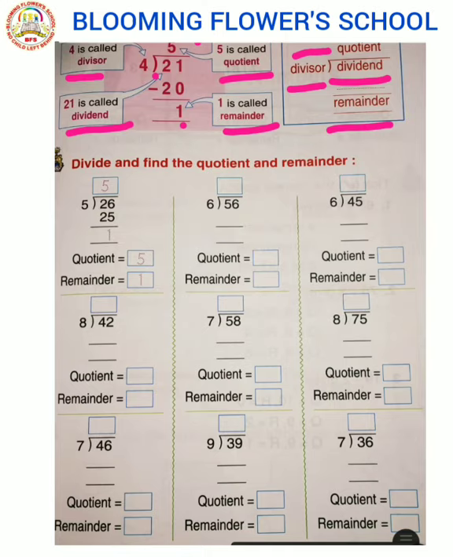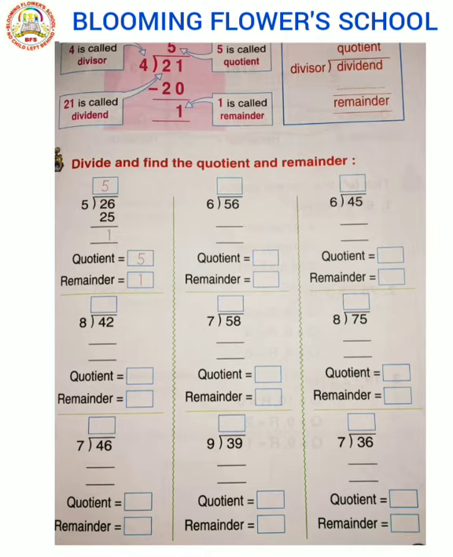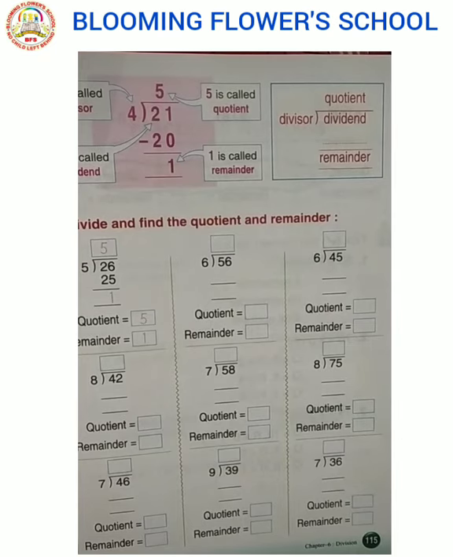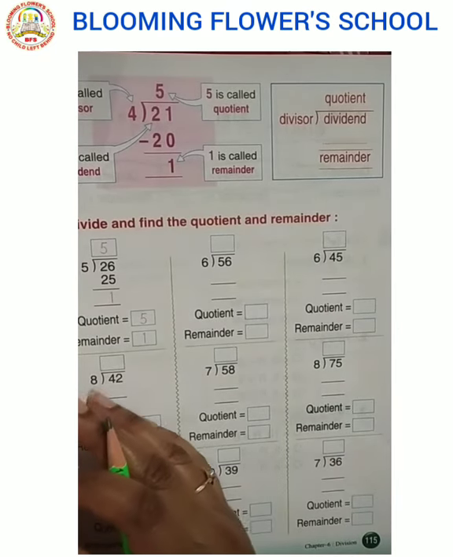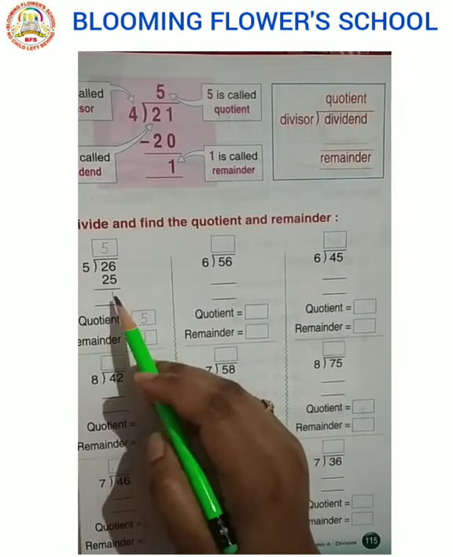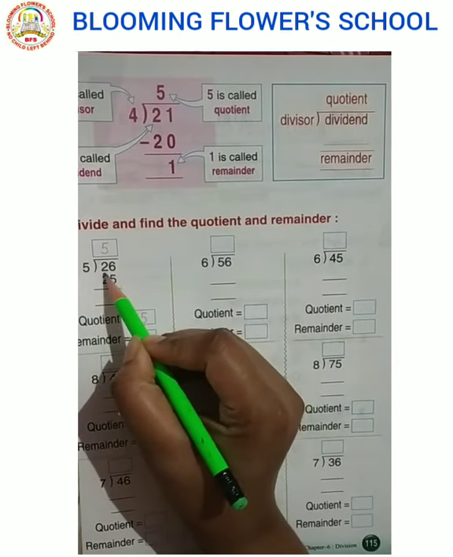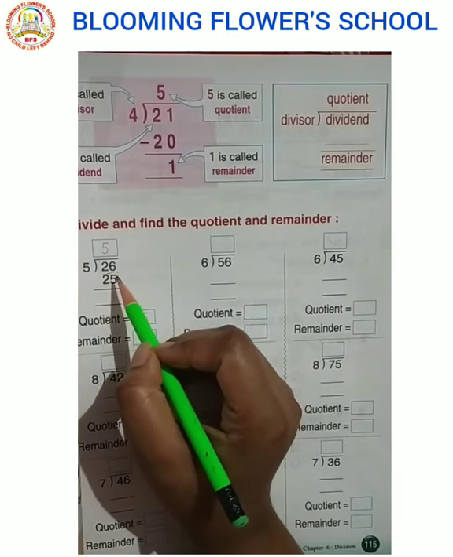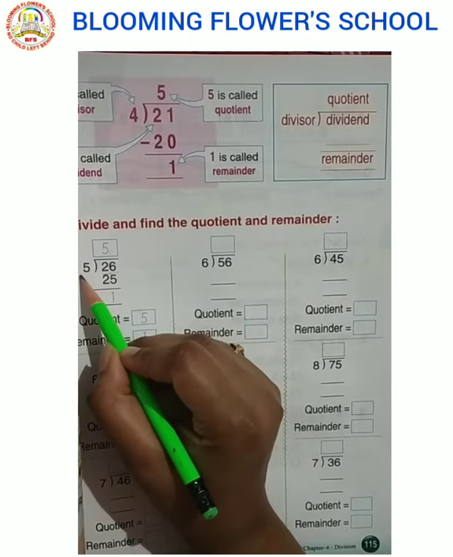So children, let's solve it. Divide and find the quotient and remainder. One they have already done. See, this is 26. This is the dividend. We need to divide by 5.